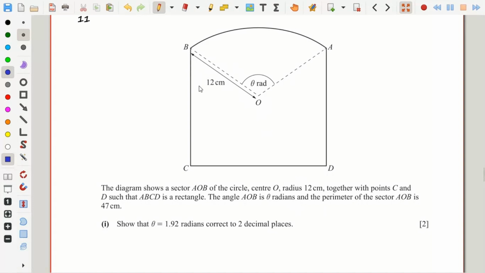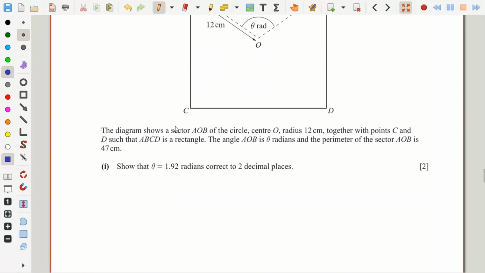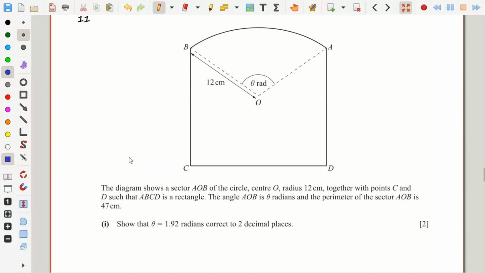47. Okay, so if you show the angle, this angle is okay.